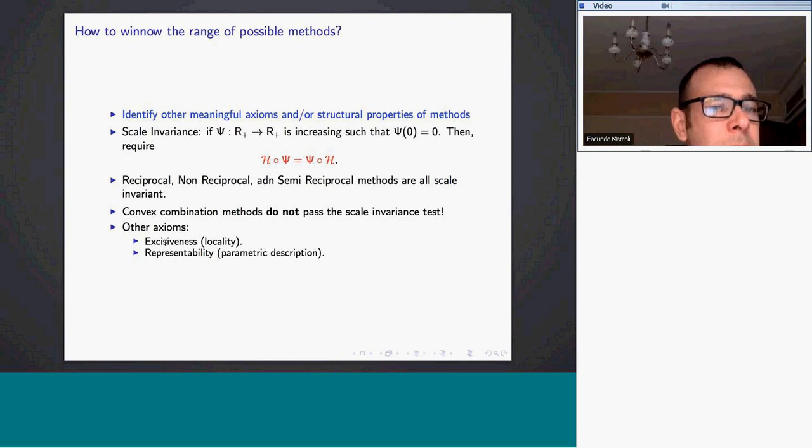One property that was interesting is some sort of locality, that is, excisiveness. We looked at this property in the context of finite metric spaces about 3 years ago, and it was a reasonable property for trying to capture some behavior of flat methods.